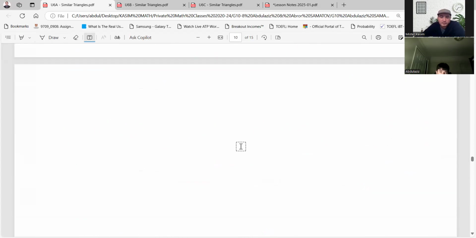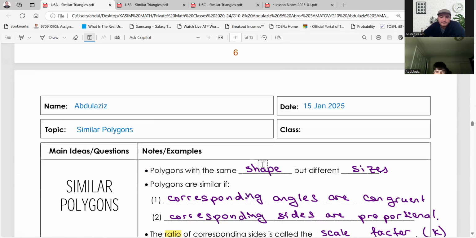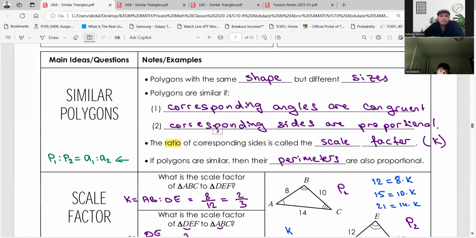Okay, we're going to read one more time. Similar polygons. Polygons with the same shape but different sizes. Polygons are similar if corresponding angles are congruent and corresponding sides are proportional.